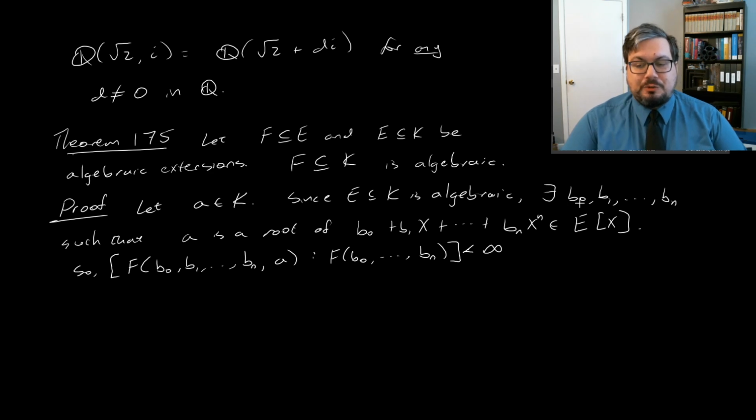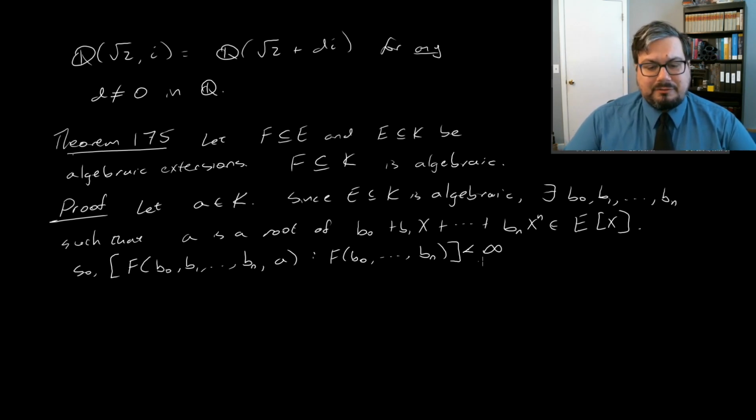In fact, if we assume that this is the minimal polynomial of A, then we could say that this is exactly n. But all we're really going to need here is that this is finite.